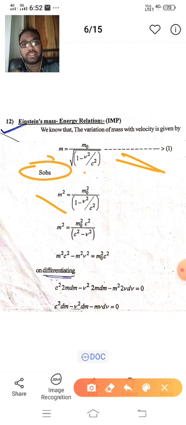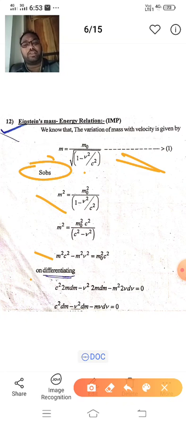Simplifying the above equation we can get m square equals m naught square c square by c square minus v square. Simplifying further, we get m square c square minus m square v square equals m naught square c square.